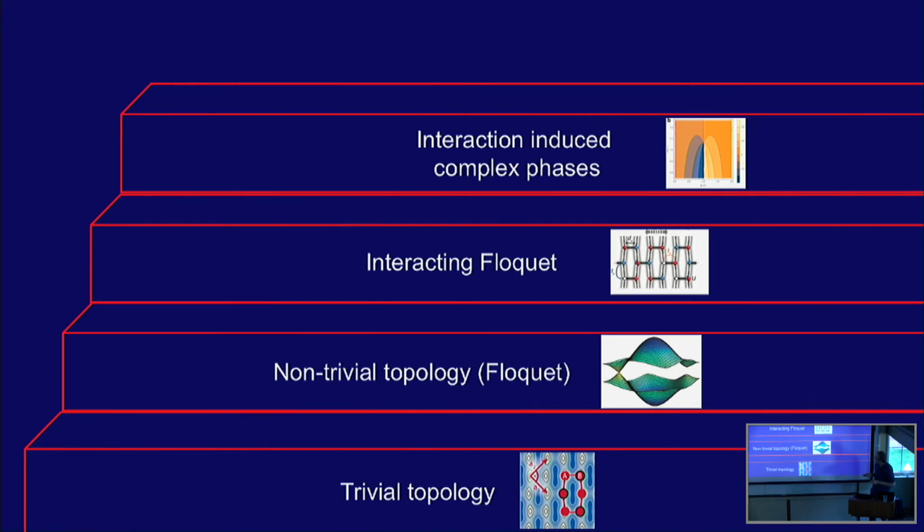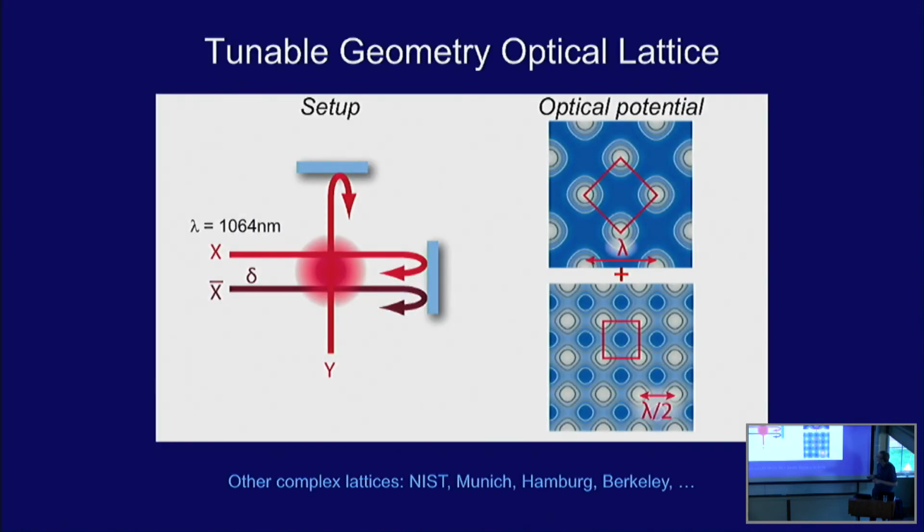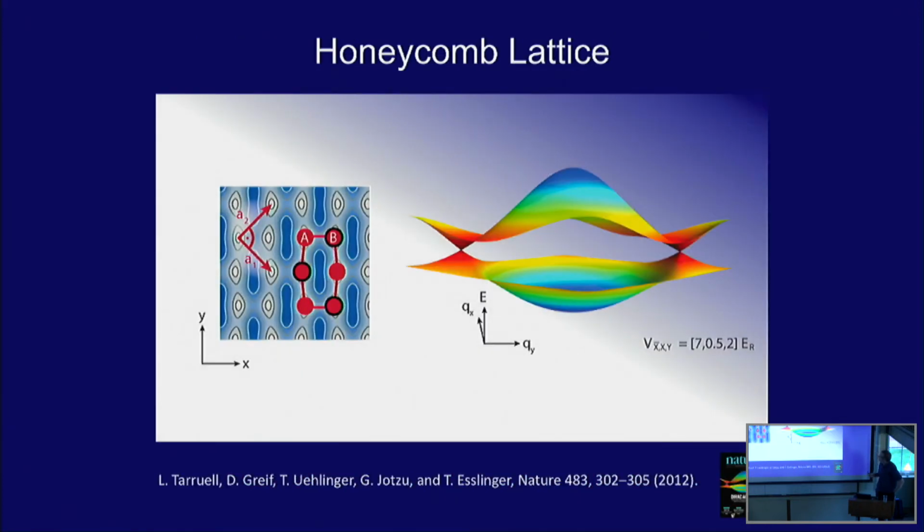Okay, so let me briefly remind you of the lattice geometry that we have. We overlay two lattices, and then we get, for example, this honeycomb type of lattice, which has A and B sublattices, and we can tune those, and one can also control how much tunneling you want to have.